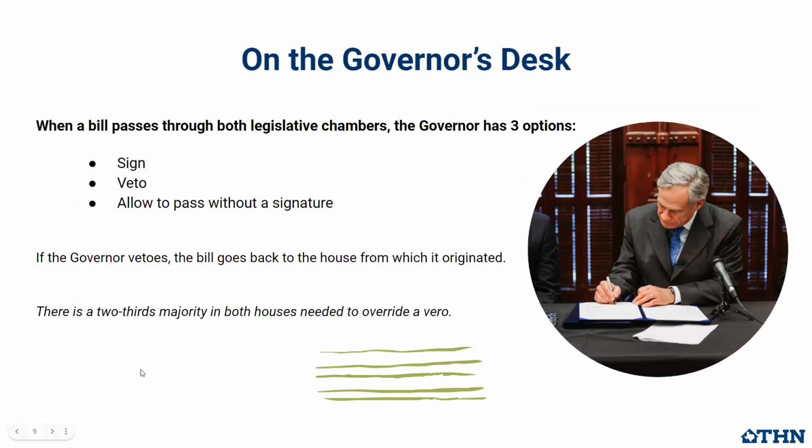So once it goes to the governor's desk, as we talked about, the governor in general has 3 options of what to do. He can sign it as is, he can sign it with his line item vetoes, or he can veto the entire thing. And he can allow it to pass without signature. That's kind of a funky one.